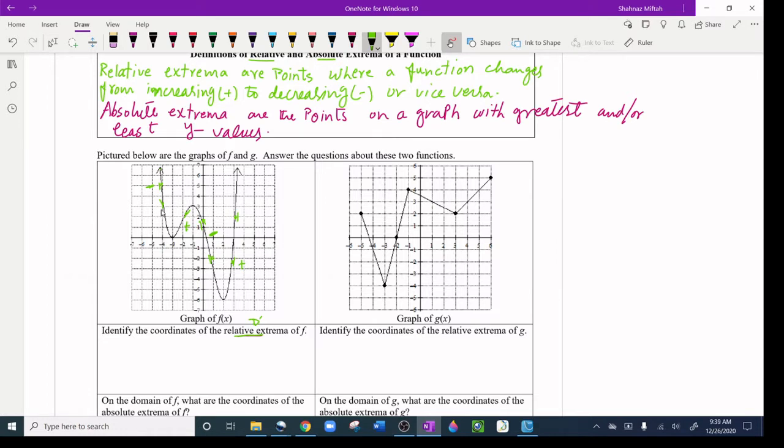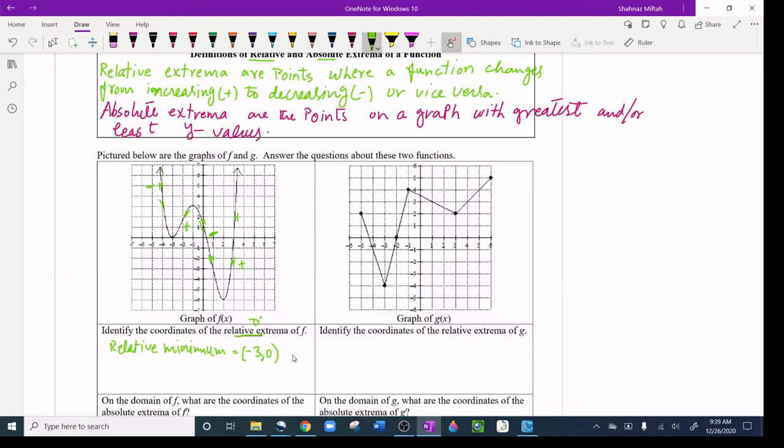If you check the first one, I'm going negative to positive, which means at (-3, 0) I have a relative minimum. So relative minimum is (-3, 0), and we have to give a point like x and y. Then this is also negative to positive, at x = 2, and -6 is the y value. So (2, -6) are my relative minimums.